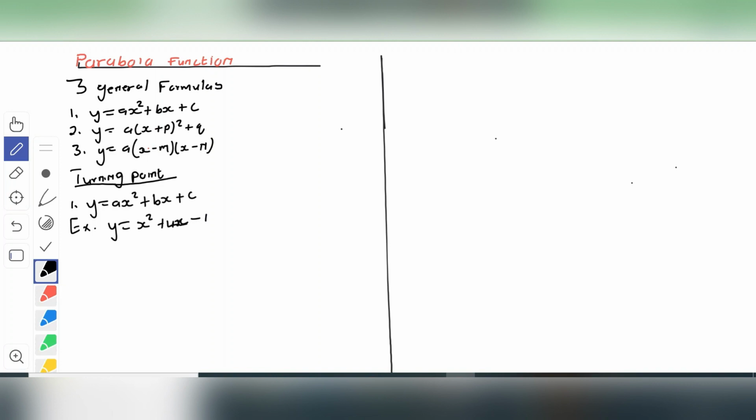But if they just say determine the turning point, they only need the x value. To be safe, mostly find both x and y. So how are we going to find x and y?